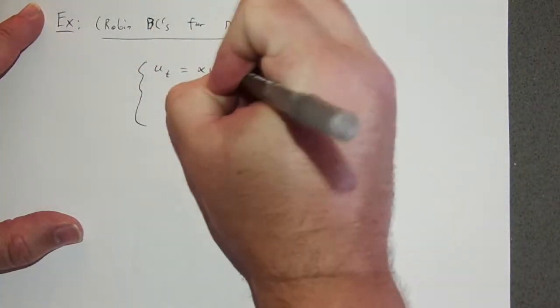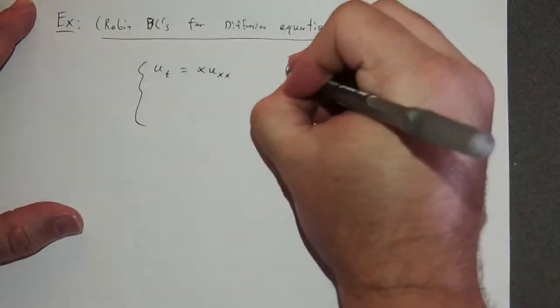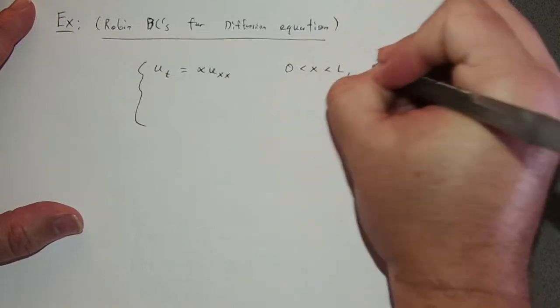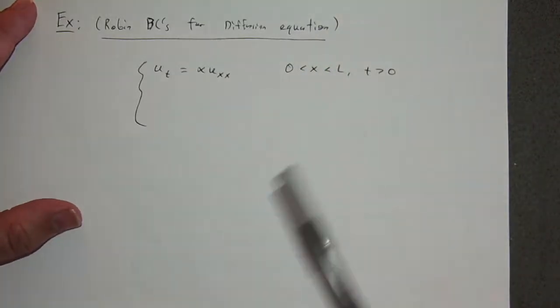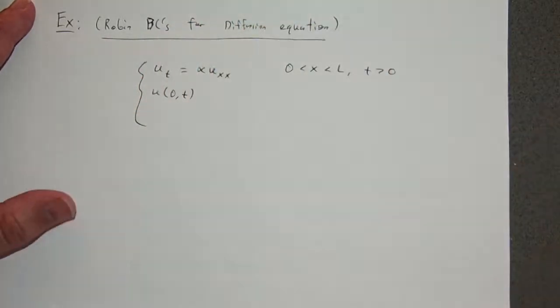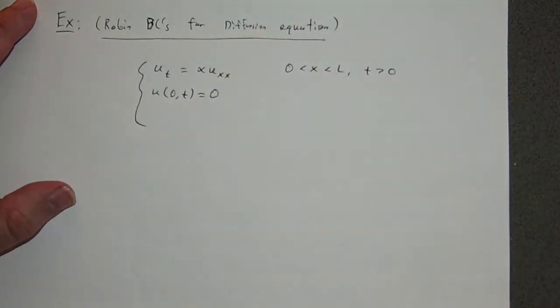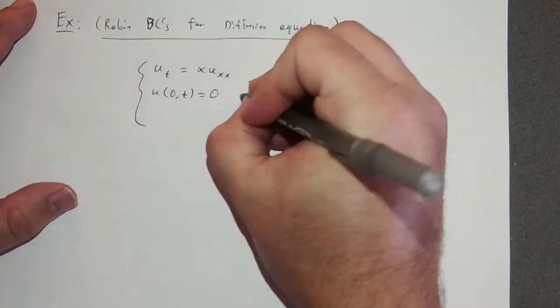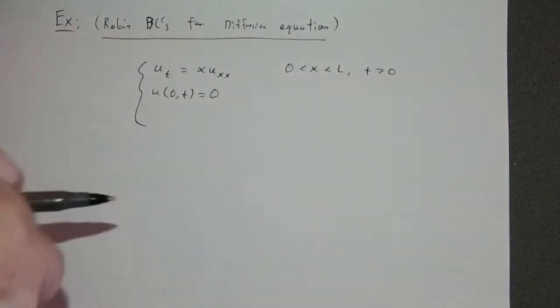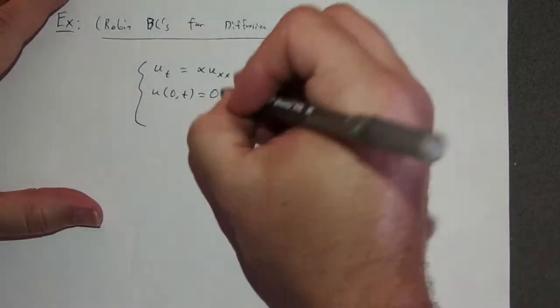And so this is the diffusion equation, so u sub t is alpha u sub xx on our domain as usual. Let's say that at the left end we have a homogeneous Dirichlet condition, and at the right we have this Robin condition. There are other combinations of the Robin condition that you can address, but all of them are going to be similar to this one.